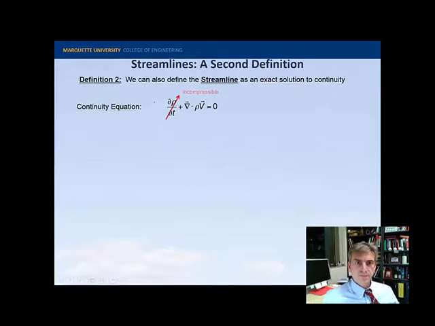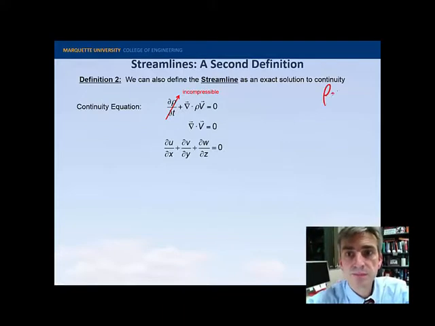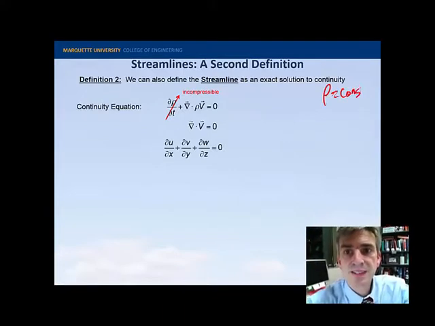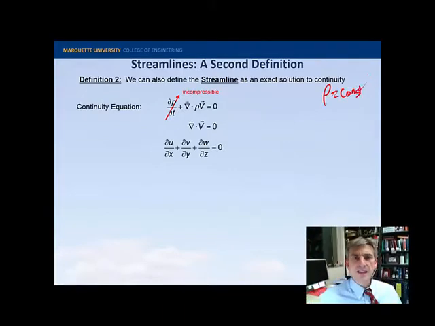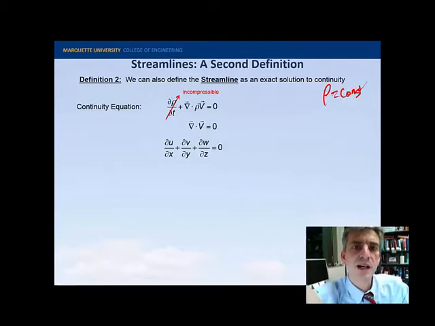Now, if I were to assume that the flow is incompressible, that means rho is equal to a constant, right? Then this term drops out, partial rho, partial t. Of course, anything that's a constant with respect to another variable is going to be 0. In addition, since rho is a constant, I can pull it out of this operator, right?